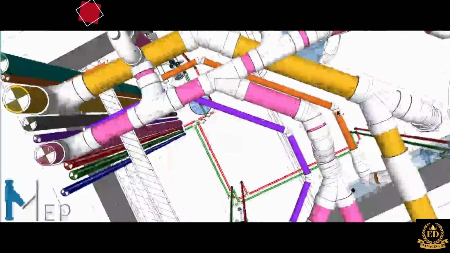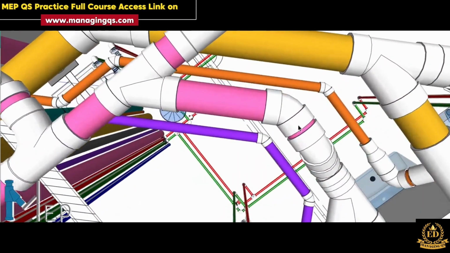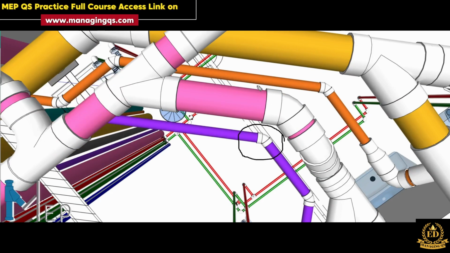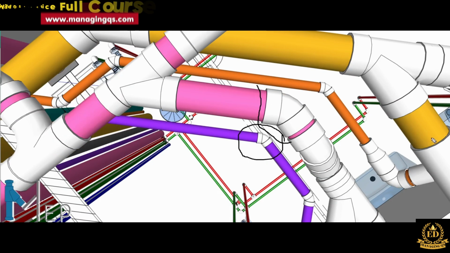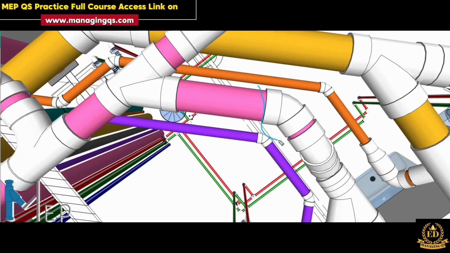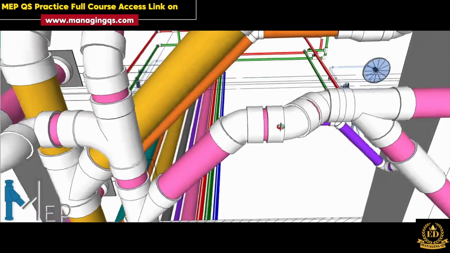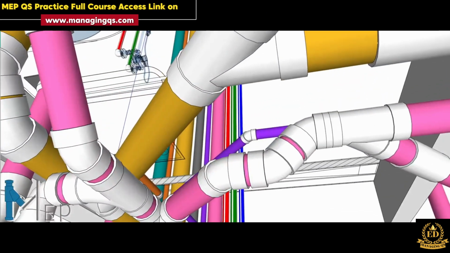Here you can see these are the elbows. These are small pipe elbows, but there is another big pipe elbow here. You can see another big pipe elbow, and you can also find the same elbow here. You can find another elbow here.